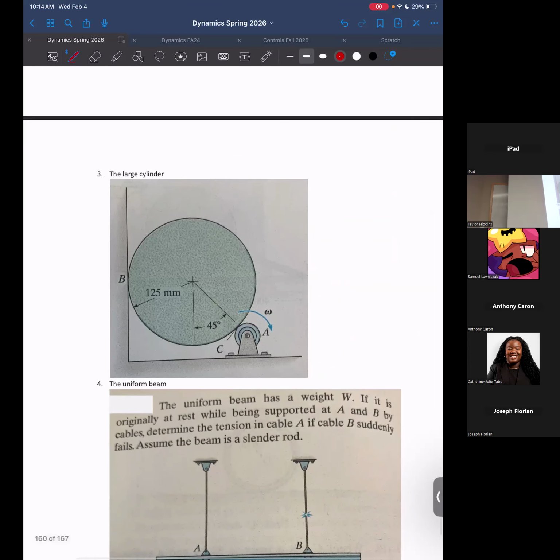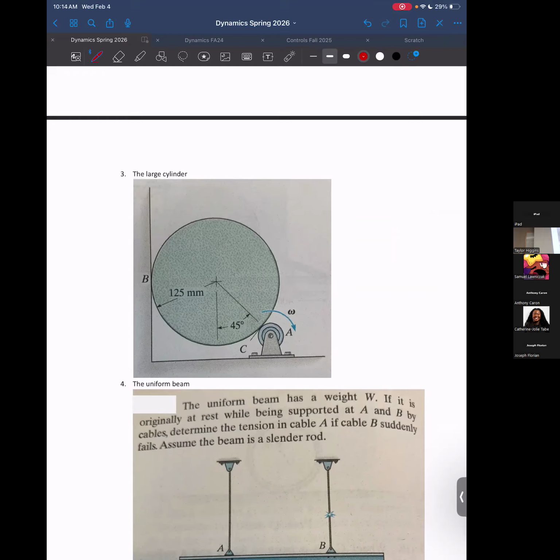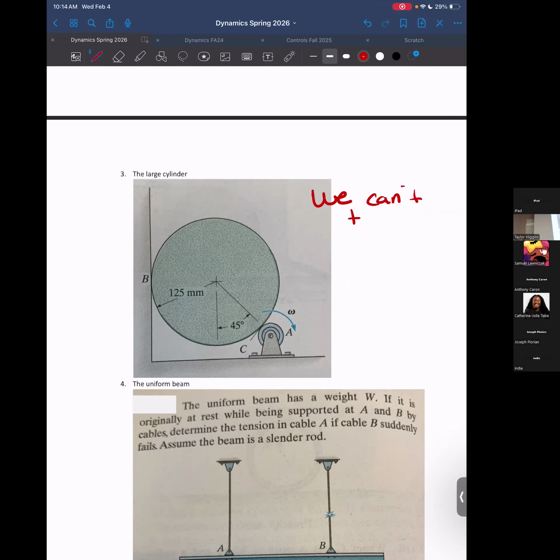Okay, number three. Perfect. Yep, we can't tell. If A is slipping relative to the larger cylinder, then this cylinder is likely just sitting in place and rotating about a fixed axis here at the center.